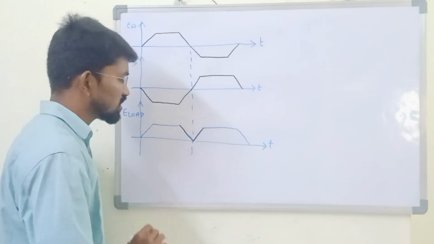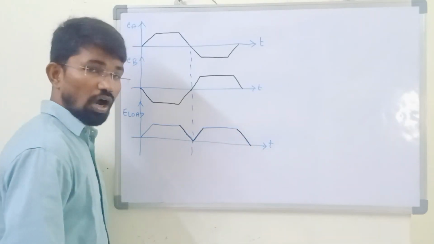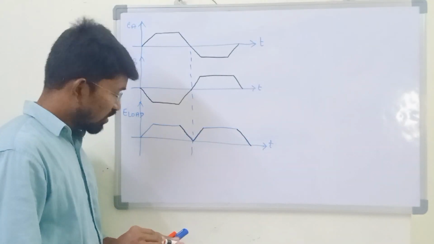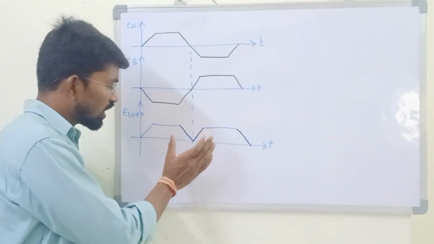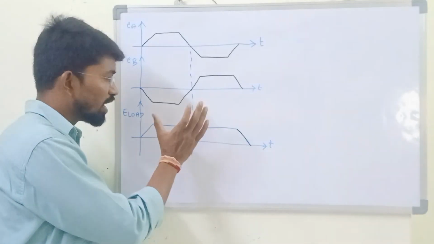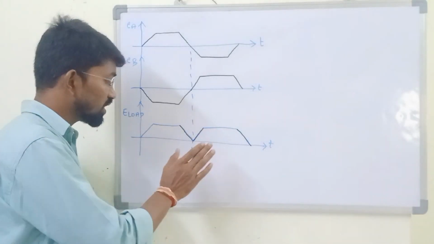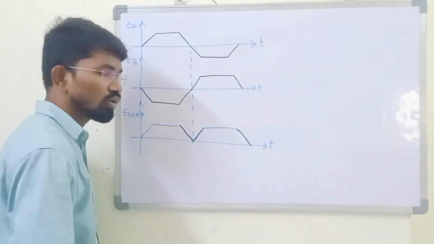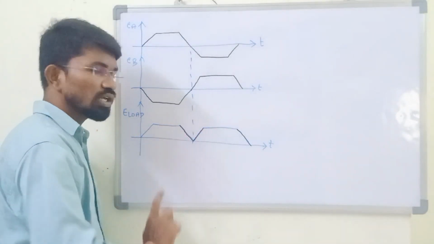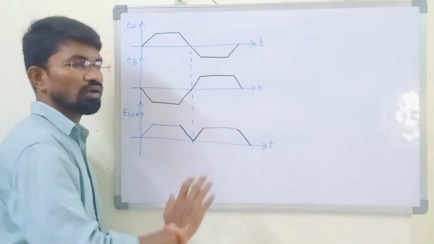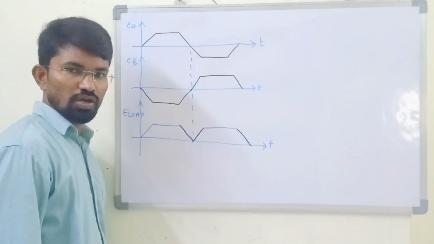But what is our requirement? What we are expecting from the DC machine is a pure DC voltage, but what we are getting is a rippled voltage in the output. So how to reduce these ripples and how to make the output voltage a pure DC voltage?